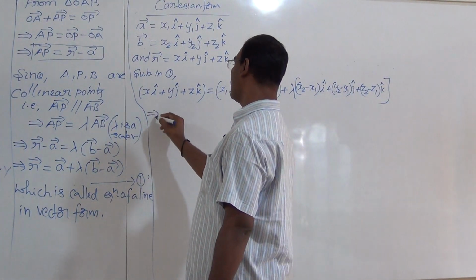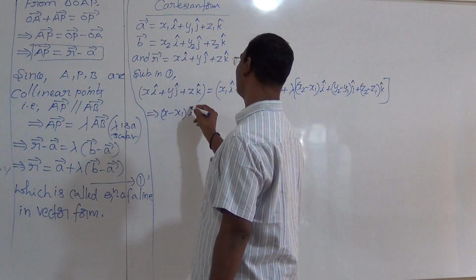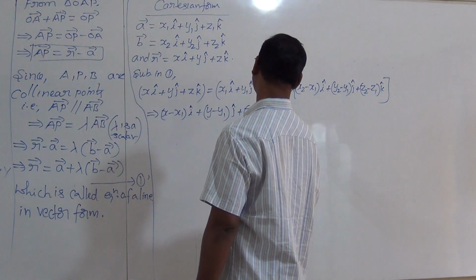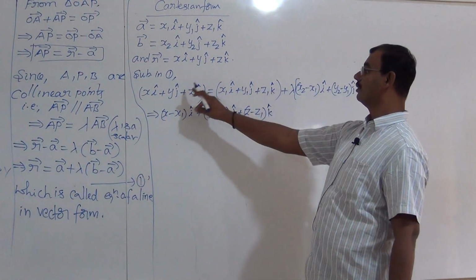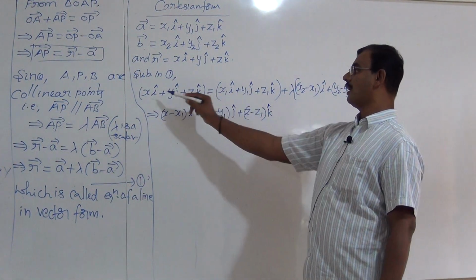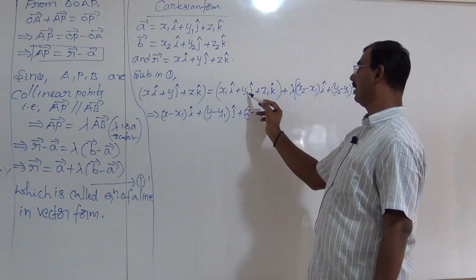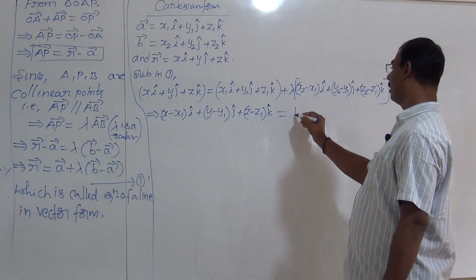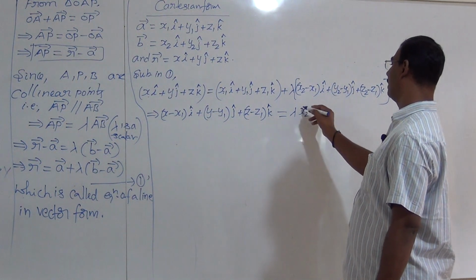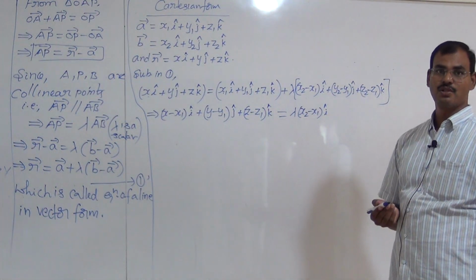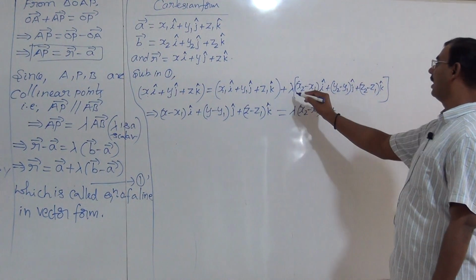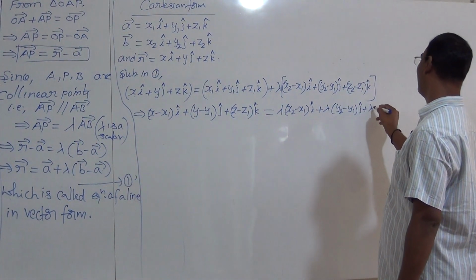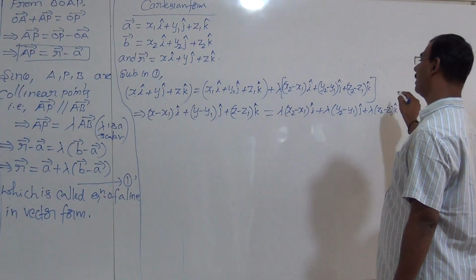Taking them common, x minus x1 into i plus y minus y1 into j plus z minus z1 into k is equal to, multiplying with lambda, lambda times x2 minus x1 into i cap plus lambda times y2 minus y1 into j cap plus lambda times z2 minus z1 into k cap.